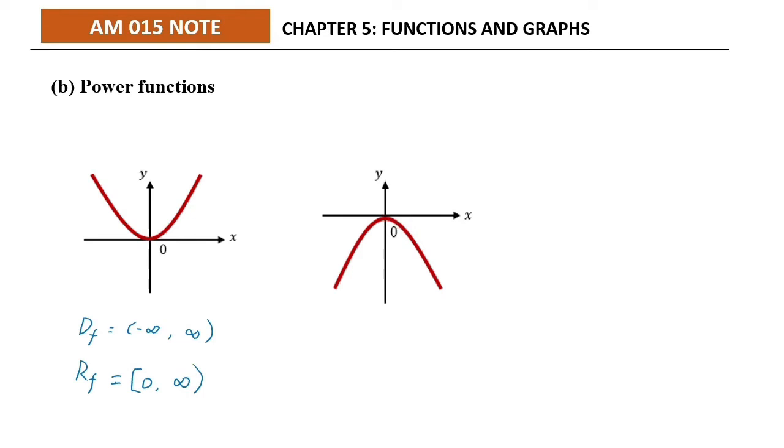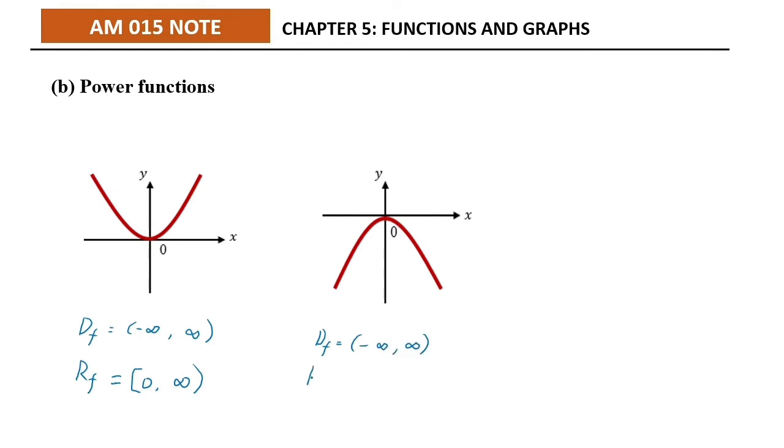Second example, again quadratic, negative x squared. Domain of f, look at the x-axis, start from negative infinity, going through 0, and then through to infinity. So domain is negative infinity to infinity. There is no stopping for x.